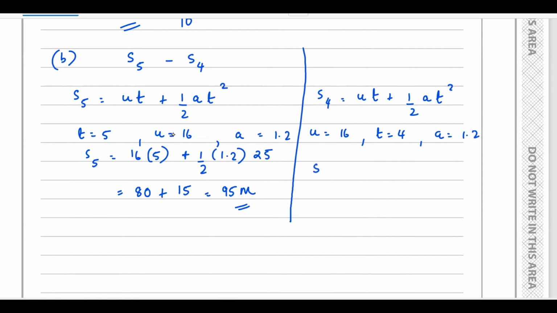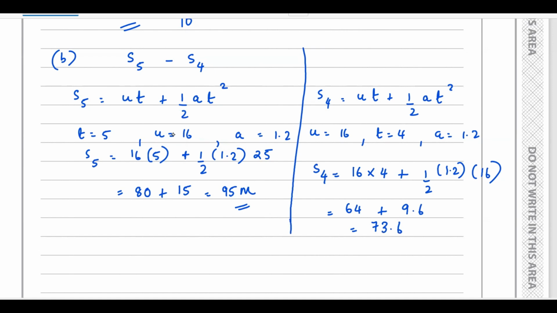Just substitute in this: 16 times 4, plus half of 1.2 times t squared. 4 squared is 16. So 16 times 4 is 64, plus 0.6 times 16, which is 9.6. So 64 plus 9.6 will give you 73.6.